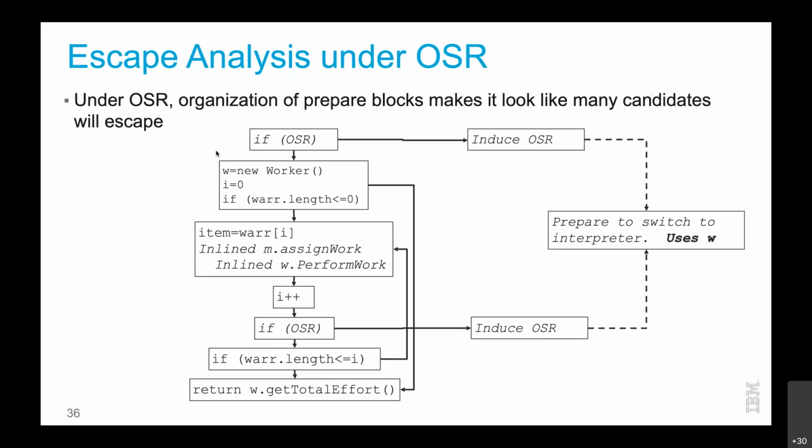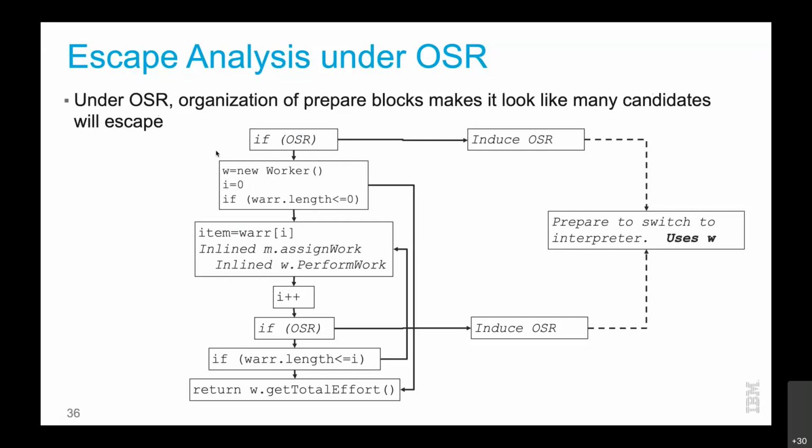But at the end of each cycle through the loop, it also checks whether OSR is needed, whether the JITted code needs to yield execution to the interpreter, because possibly the inline methods were overridden or something like that. So it has to keep checking at each iteration whether or not it needs to induce OSR.